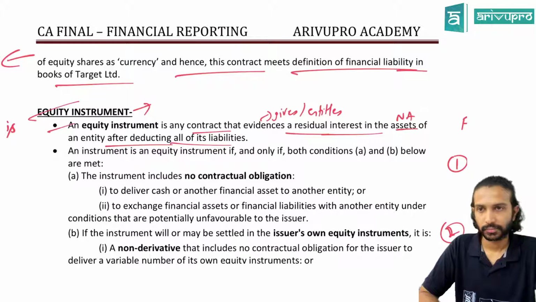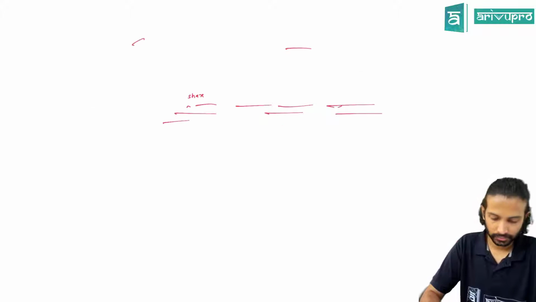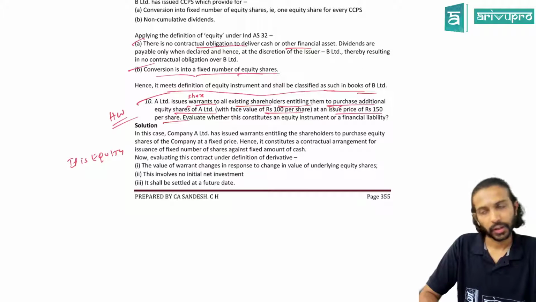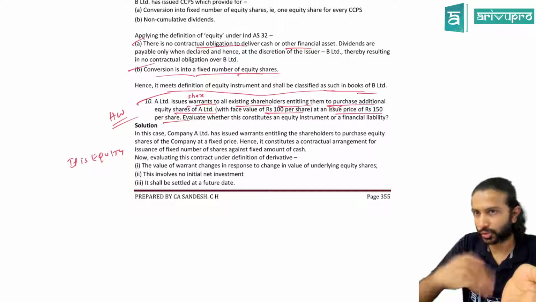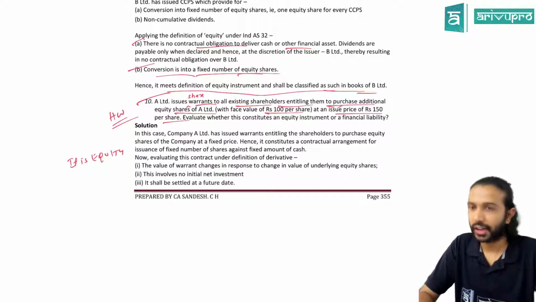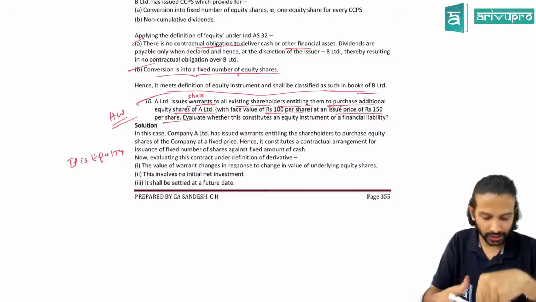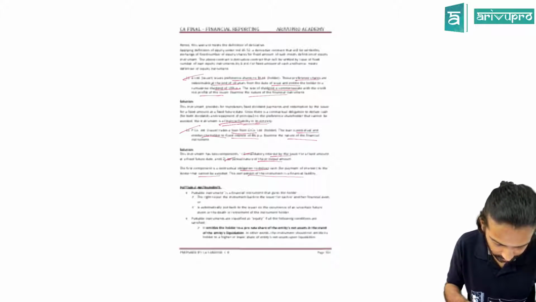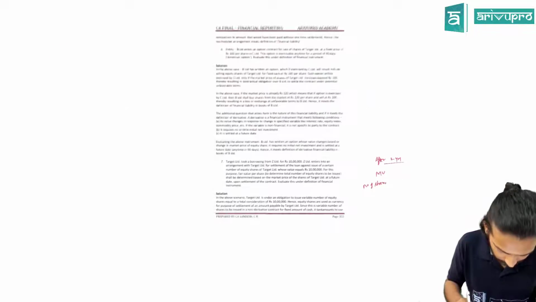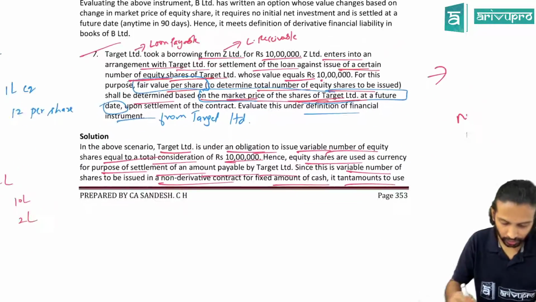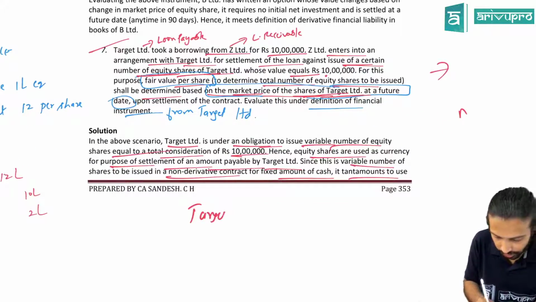The right to get a variable number of shares is a financial asset. Correct. If you are giving your own company's equity shares and it is variable, then for you it will be a financial liability. Correct? For this target, I think you're still confused. Okay, let me take that one moment. Look, Target and Z Limited.